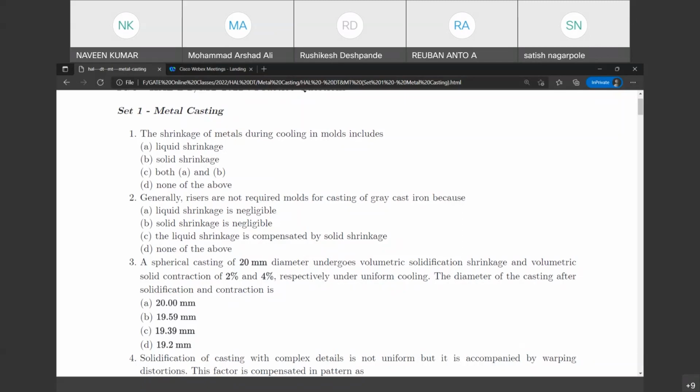Okay. People are saying A. Everybody is on the A. Any other answers?